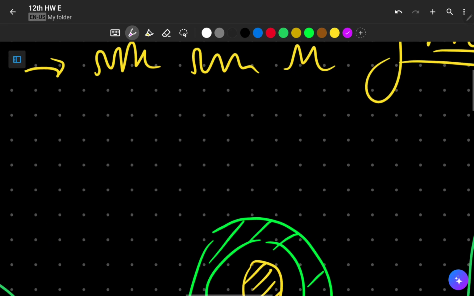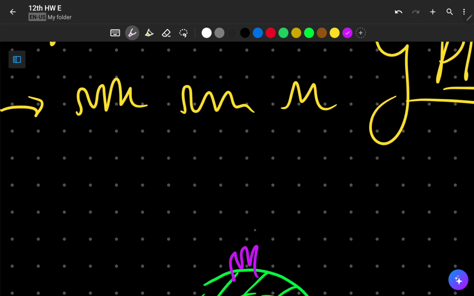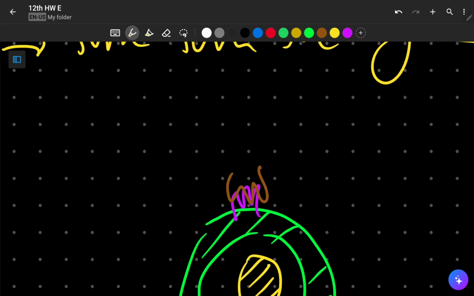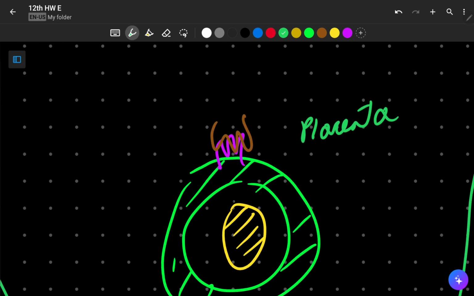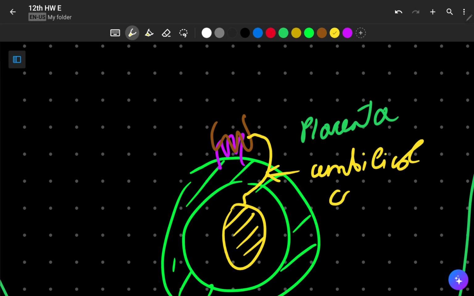So we can imagine a finger-like projection formed between them, so we can call this the placenta. And now a single inner line from the inner cell mass will connect with the placenta, and this will be called the umbilical cord.